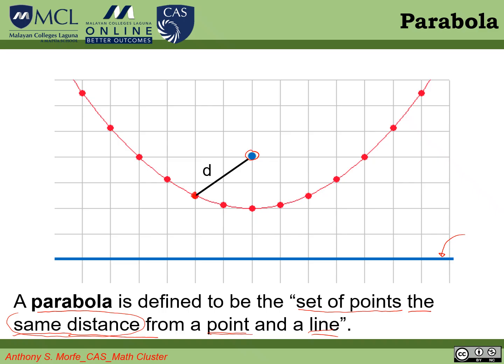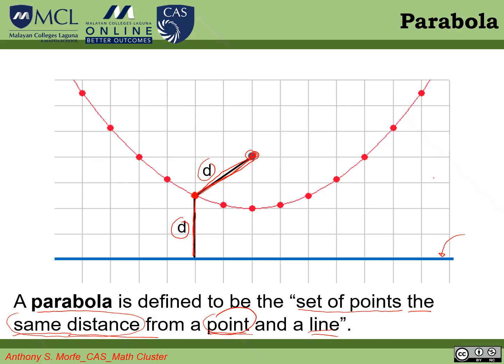The distance of this point from the point mentioned here, and the distance of the same point to this line is the same. So this distance and this distance are the same. So this distance from a point and this distance from a line are equal to each other.